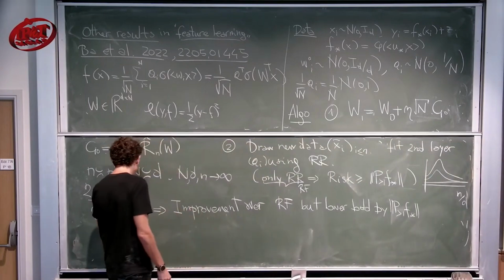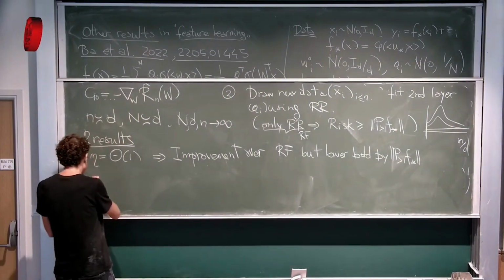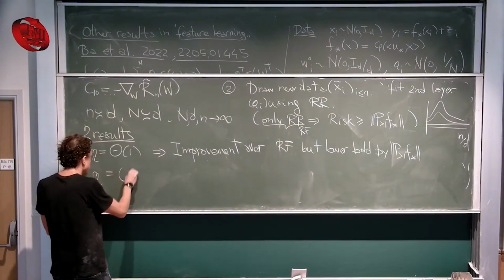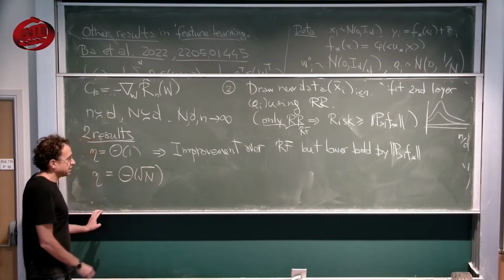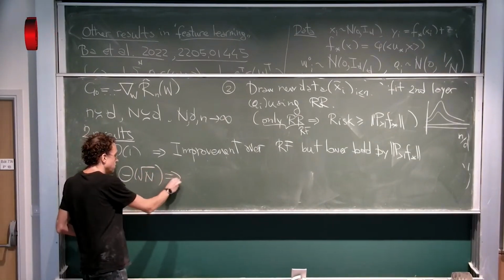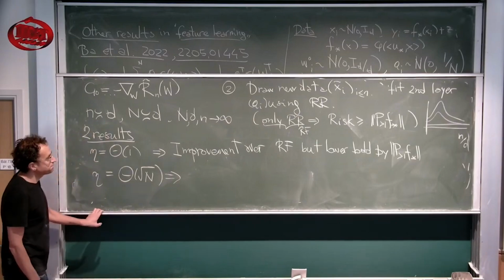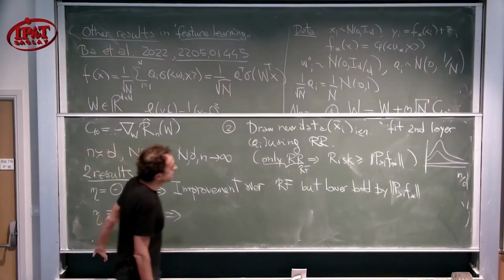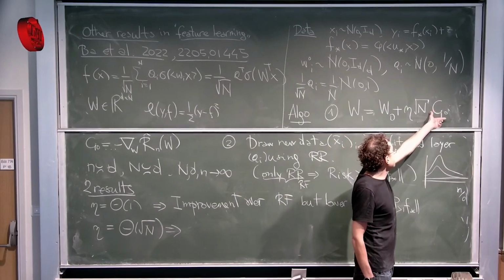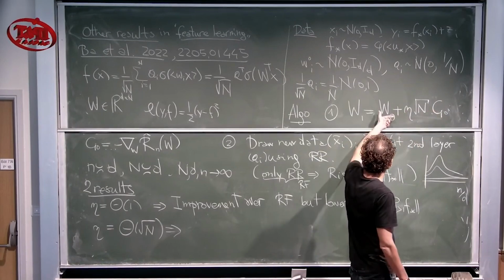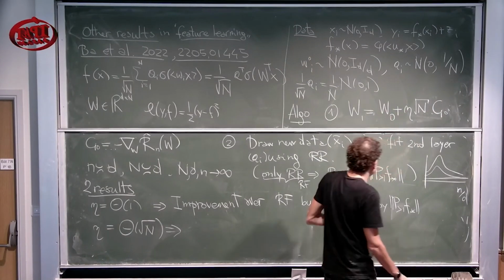On the other hand, they show that you can make the step size much larger. What does this mean? This turns out to be the scaling in which the Frobenius norm of this gradient is of the same order as the Frobenius norm of the weights.